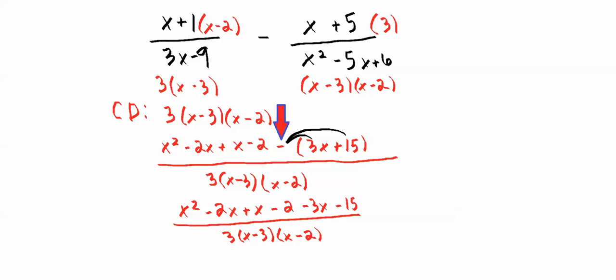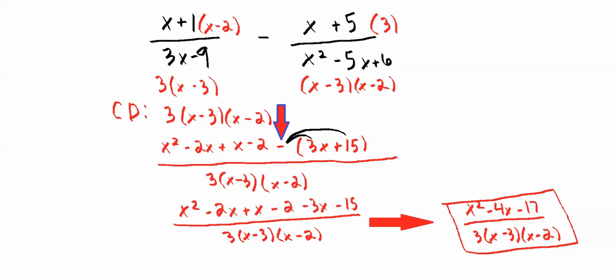Once we distribute our subtraction sign, we get x squared minus 2x plus x minus 2 minus 3x minus 15 over 3 times x minus 3 times x minus 2, which is x squared minus 4x minus 17 over 3 times x minus 3 times x minus 2 when simplified.